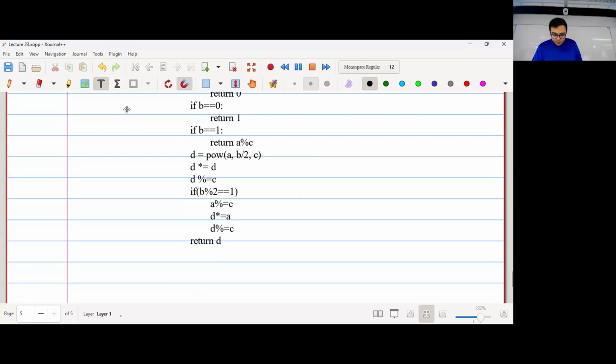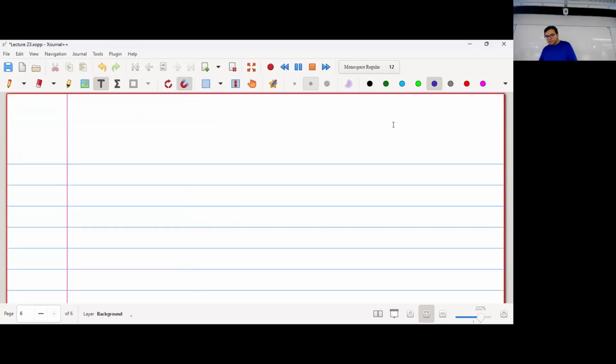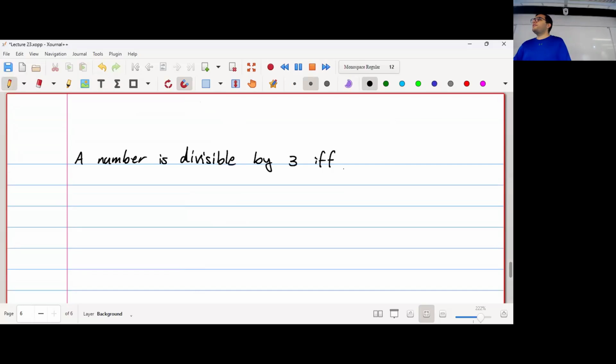I think this is something that you were taught in primary school, and it's this rule for divisibility by 3. So they tell you a number is divisible by 3 if and only if the sum of its digits is divisible by 3.